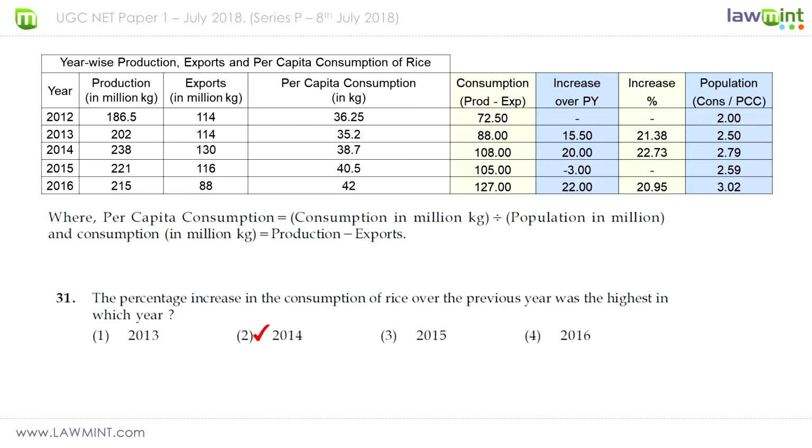consumption from the subsequent year, then we arrive at the increase or the decrease that has happened vis-a-vis the previous year. So we arrive at 15.5, 20, minus 3 and 22, which means that in 2015 there has actually been a decrease in comparison to the previous year.